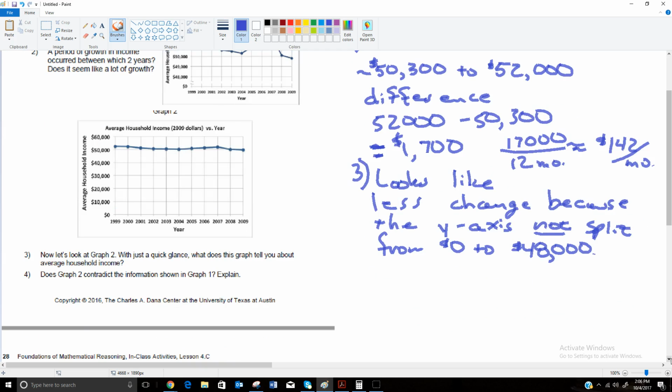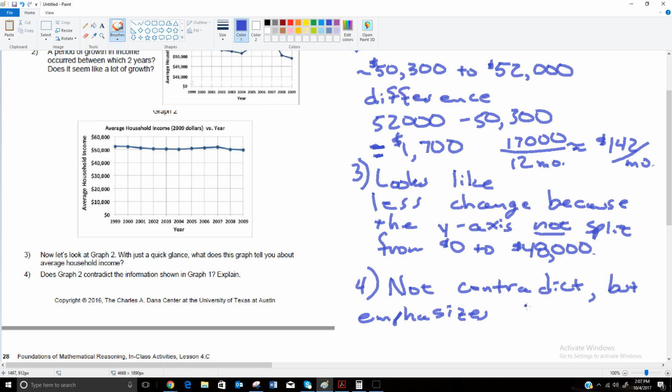So do they contradict each other? I don't know if we would say they contradict each other. They have the same data, but I would say not contradict, but it emphasizes that there is not as much change as the split graph shows.